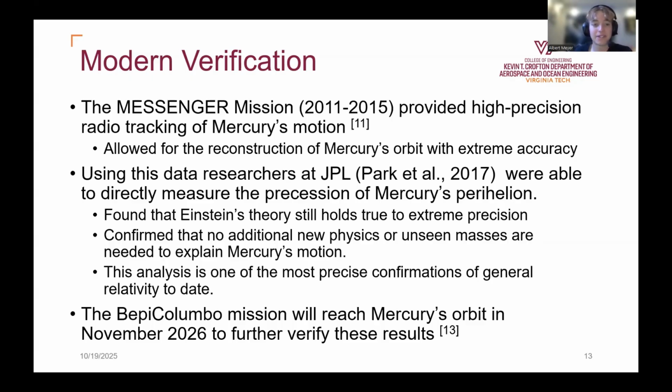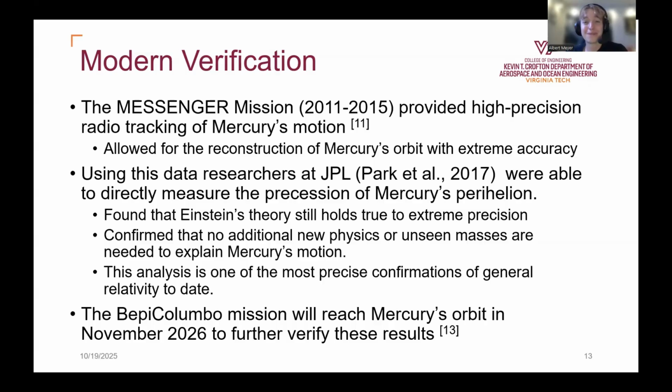And what these researchers at JPL in this paper were able to do using these super precise measurements was test Einstein's theory to extreme precision, as precise as we could get nowadays, and they confirmed that indeed his formulas hold up to an extremely high order of accuracy, and that there is nothing more that we are missing.